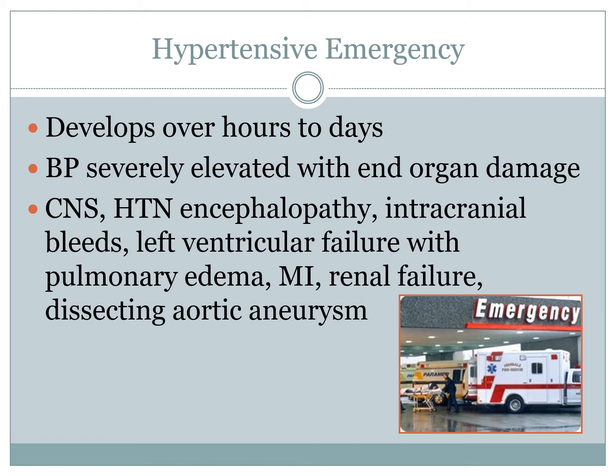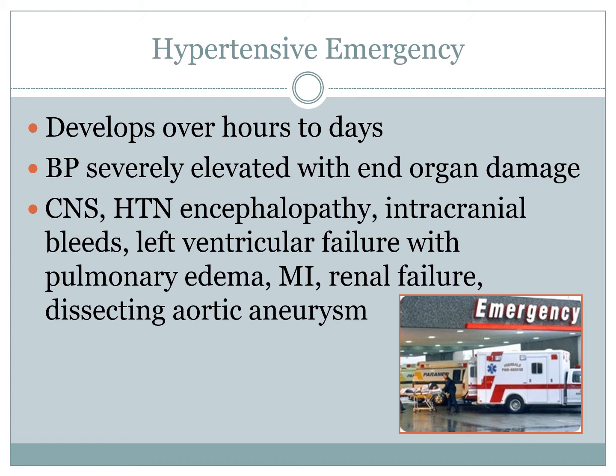So the hypertensive emergency develops over hours to days. The blood pressure is severely elevated with end organ damage. The type of damage is listed here. There are all different types of damage that can be caused by these severely high blood pressures. It may be the central nervous system.